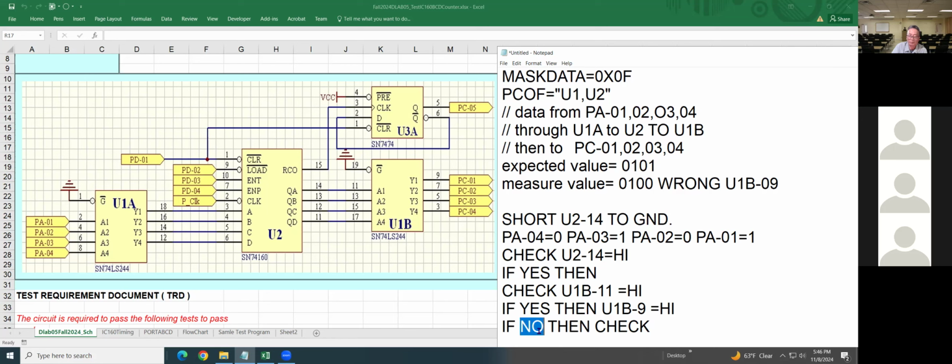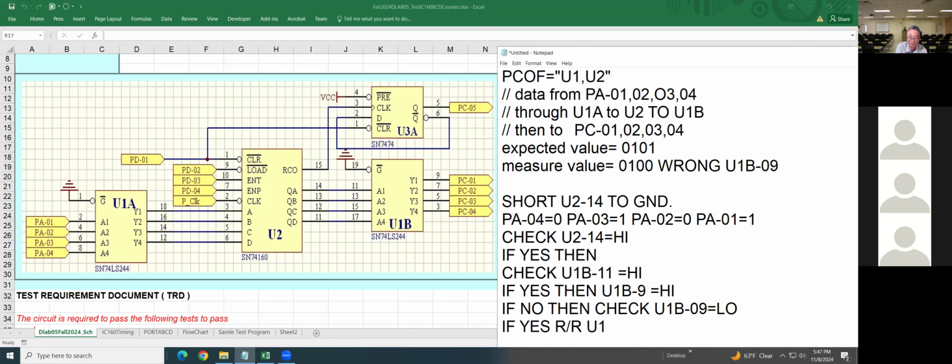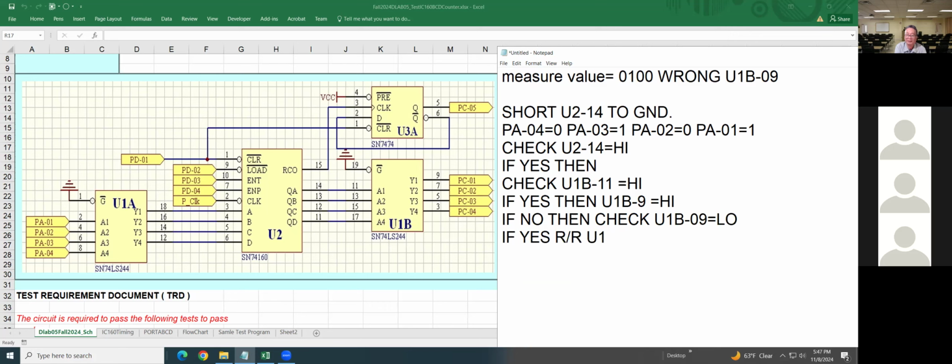If no, you take U1B, pin 9 for low. And the final will be, if yes, remove and replace U1. That is the way how to troubleshoot it.